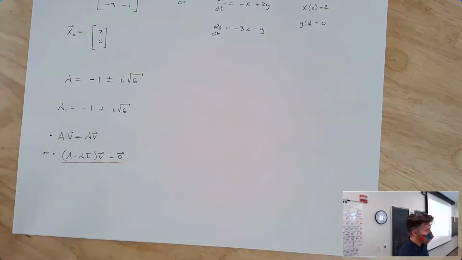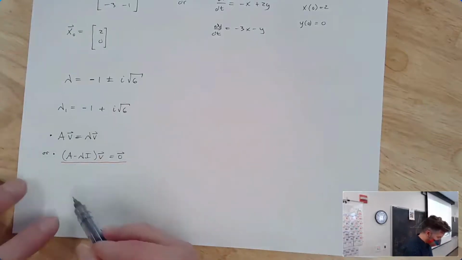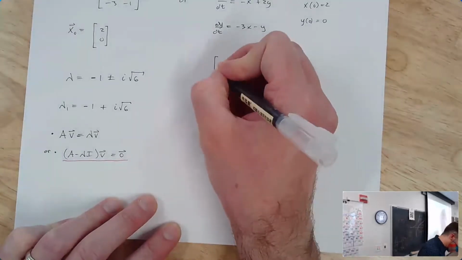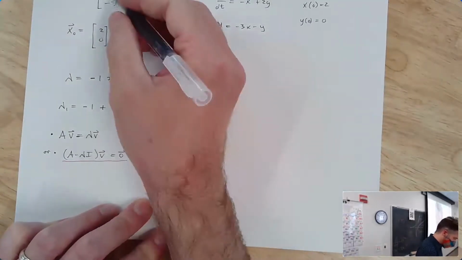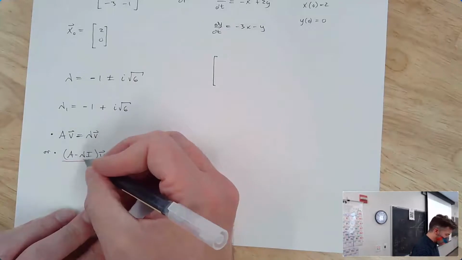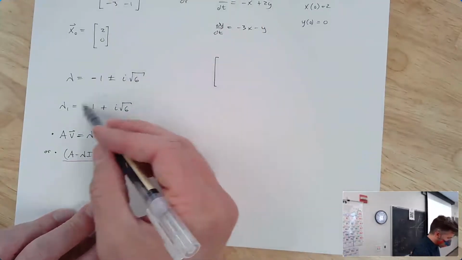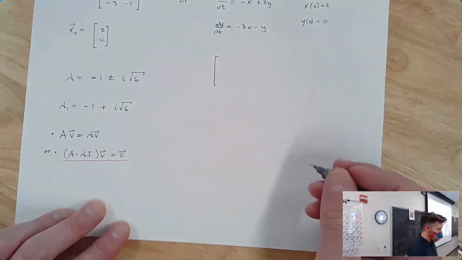I'll show you both just so you can see they're the same, but I'm going to tell you this is probably the way you want to do it. So let's do that. I'm going to do A minus lambda times the identity matrix. In the diagonals, I'm going to be subtracting the eigenvalue -1 plus i root 6.